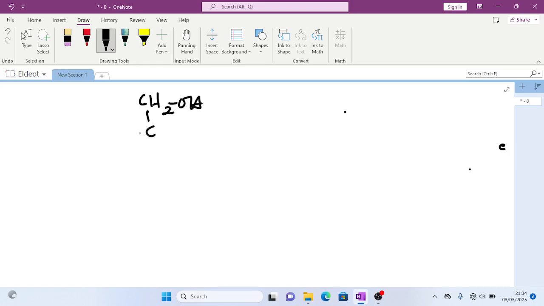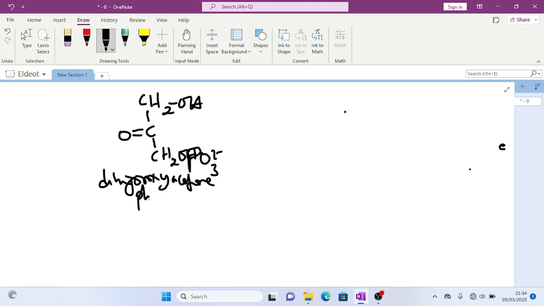So it's an acetone, it's a ketone, so it has a ketone group like this. And then this is supposed to be another hydroxyl group, which is why they call it dihydroxyacetone, but then it has a phosphate on it. So this hydrogen has been replaced by a phosphate group. So this is dihydroxyacetone phosphate.